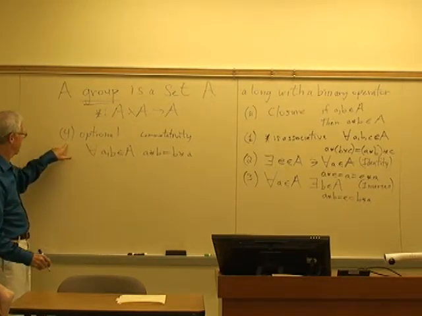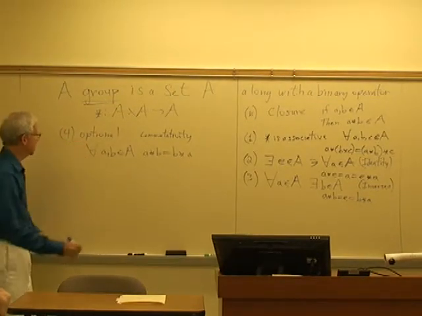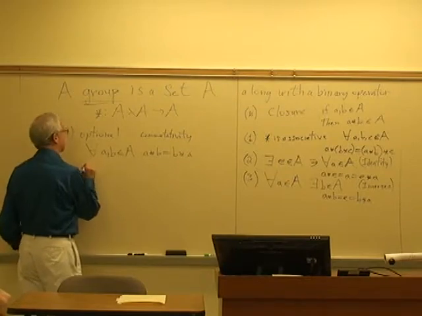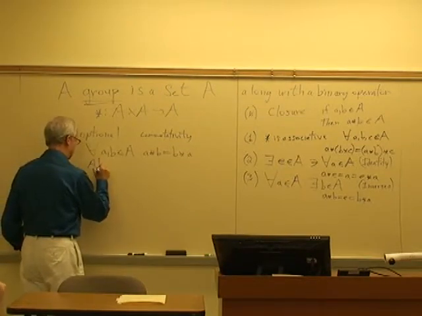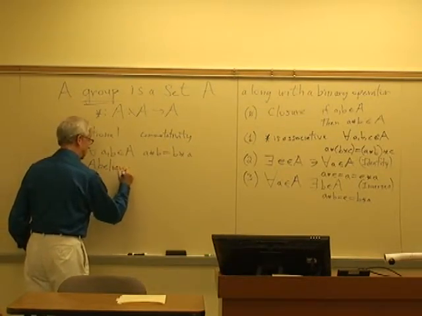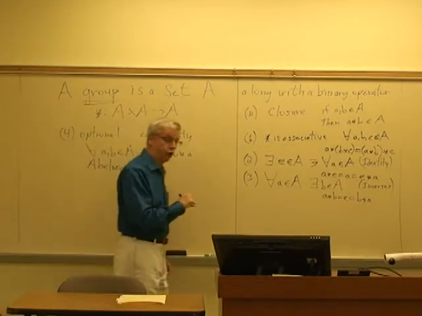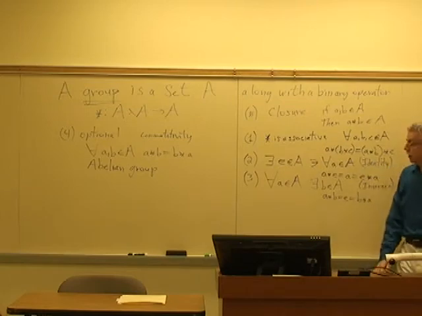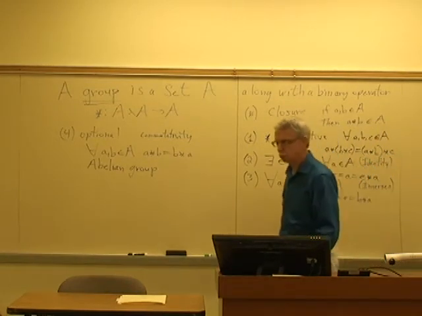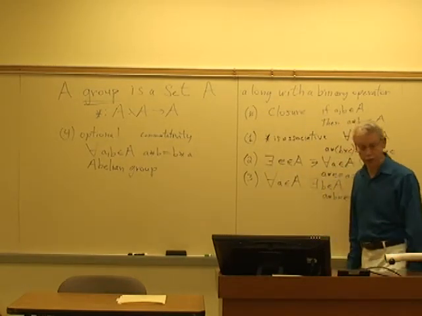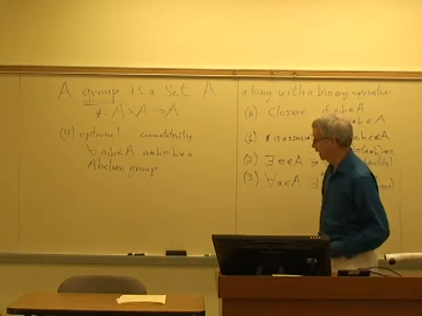If we have the fourth property also, optionally, we call it a special kind of group, a commutative group, or an abelian group, after Niels Heinrich Abel, who was a Scandinavian mathematician who did some significant work.